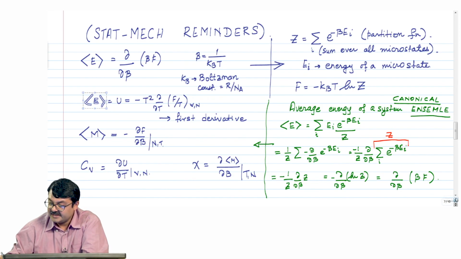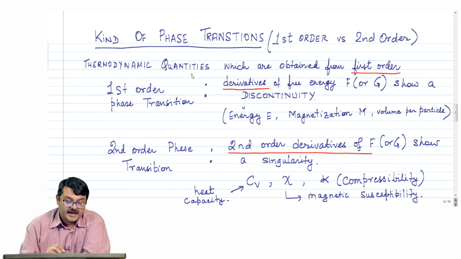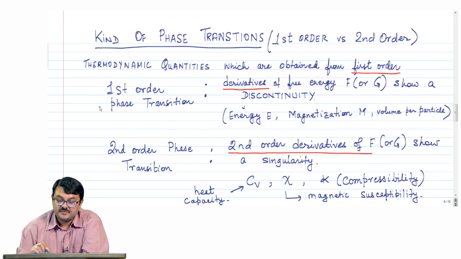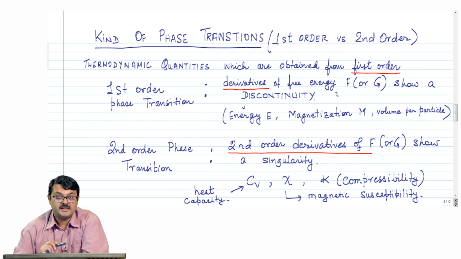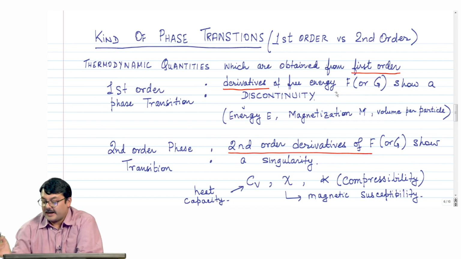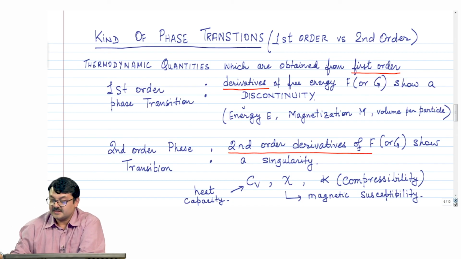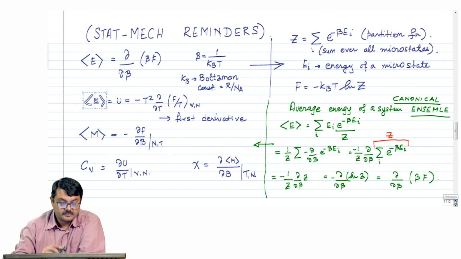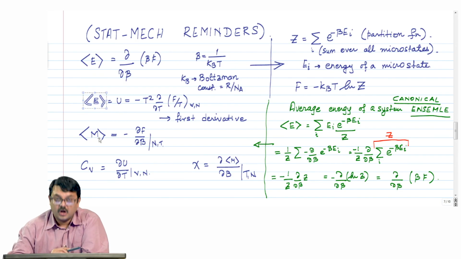And what I had said is that first order transitions are those where the first order derivatives of the free energy show a discontinuity. Now, in a ferromagnetic to paramagnetic transition, the first order derivatives of the free energy, the average energy and m, do not show a discontinuity.